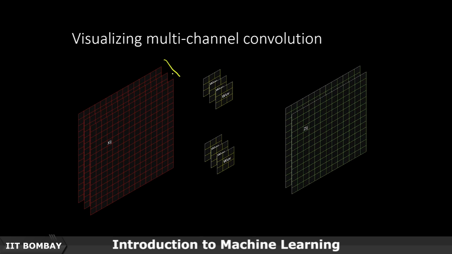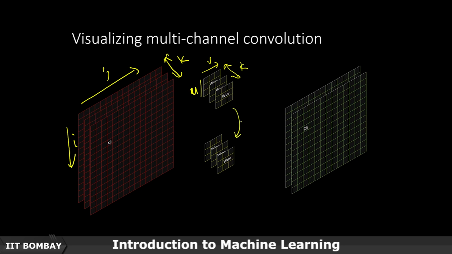So the number of channels that you have are k channels. This is i and this is j. All right. Here we have u and here we have v, and the number of channels, because this has to fit exactly onto the input, is going to be k.